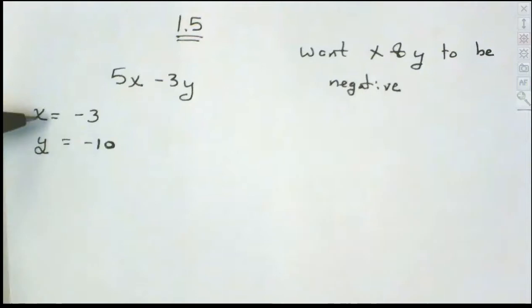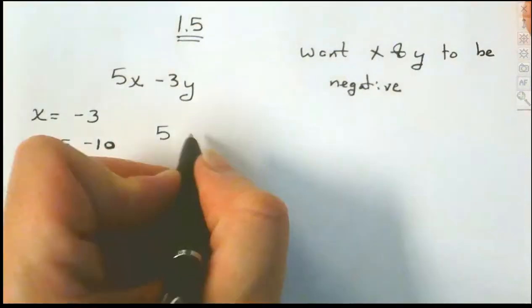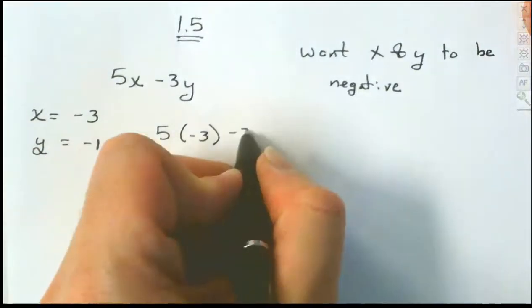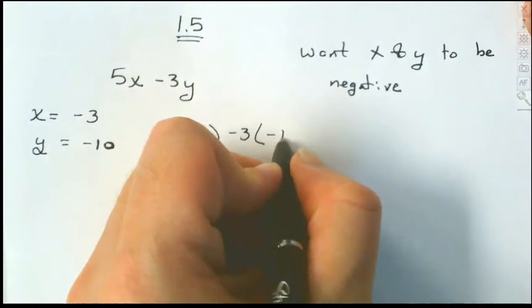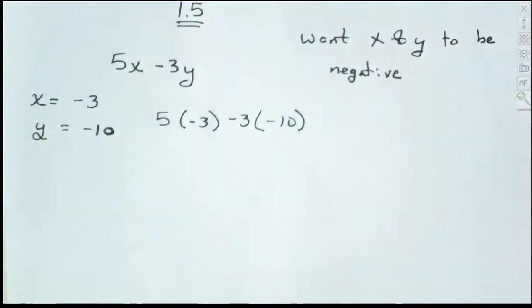I'm just going to make x a little bit bigger than y. So in this case, the x is the bigger number. Negative 3 is bigger than negative 10. I'm going to plug them in, and I'm going to see my result. See if it's positive or see if it's negative. Plug my values in here. And we're going to examine then the result.